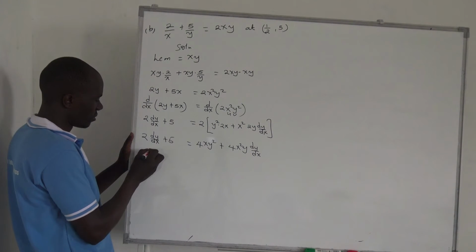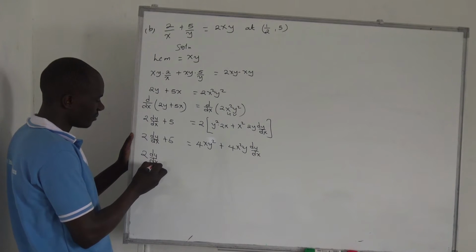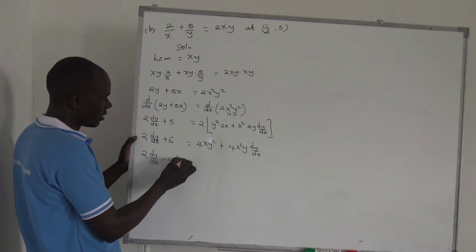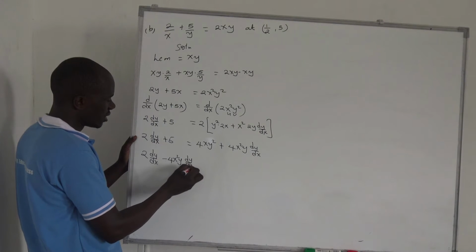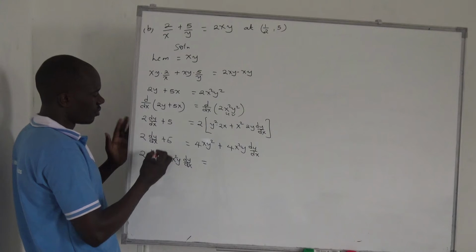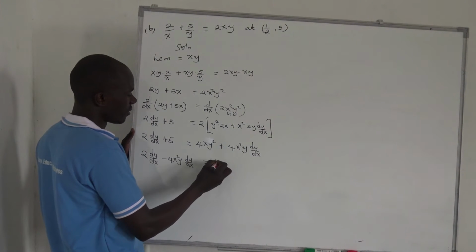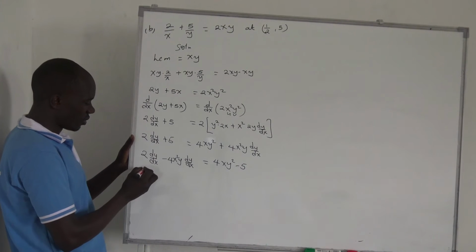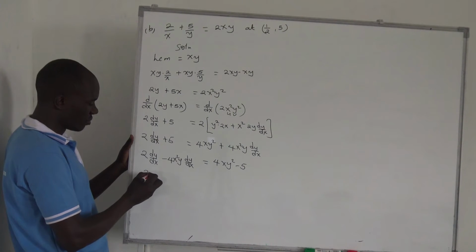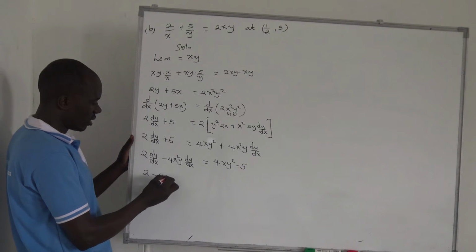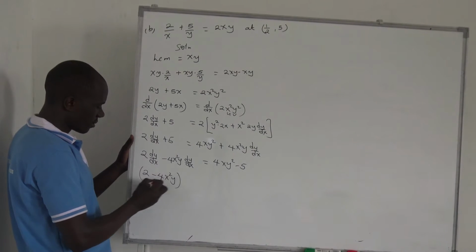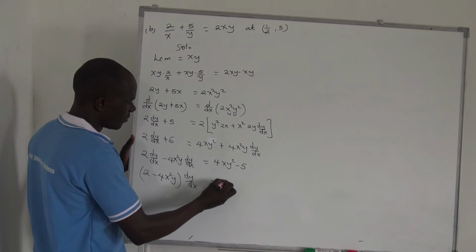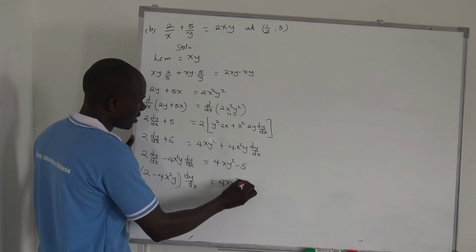We are going to have 2 dy/dx minus 4x²y dy/dx equals, those ones with no dy/dx, we will put them together, 4xy² minus 5. What is common is dy/dx. We remain with 2 minus 4x²y, times dy/dx equals 4xy² minus 5.